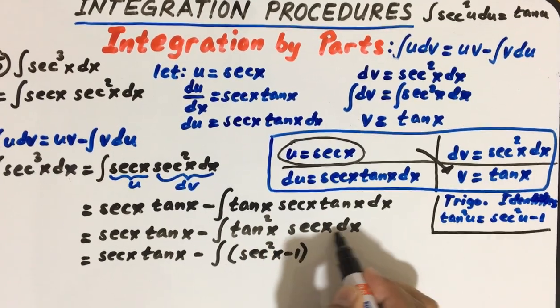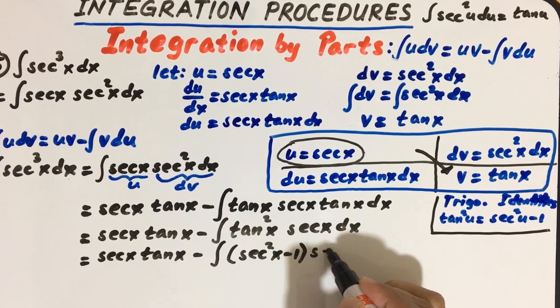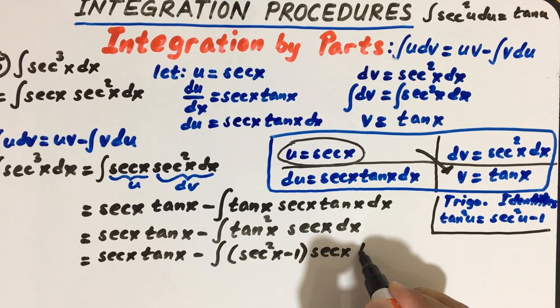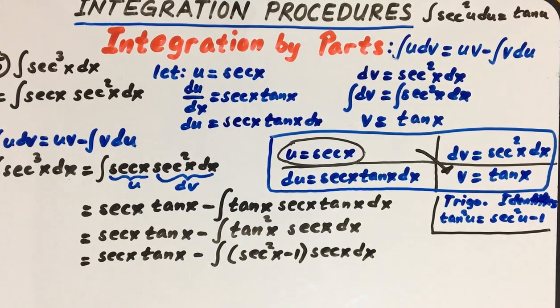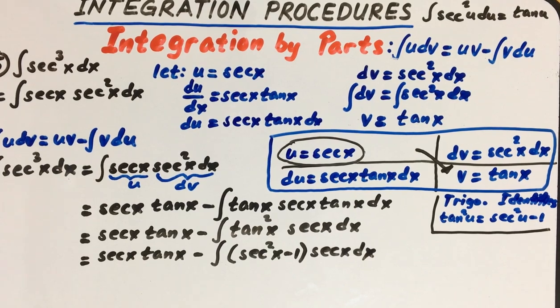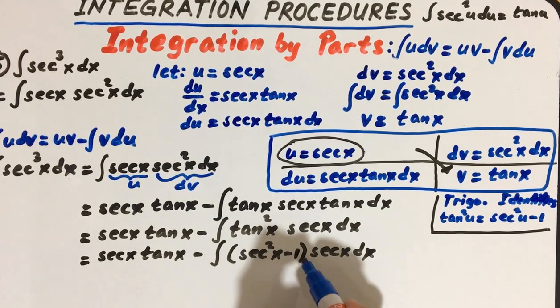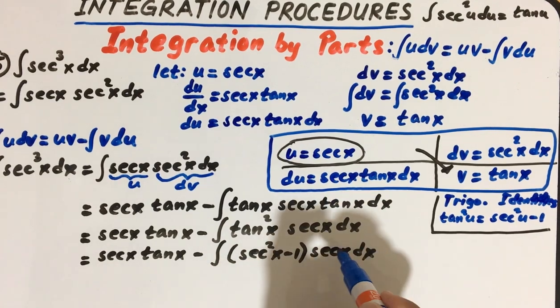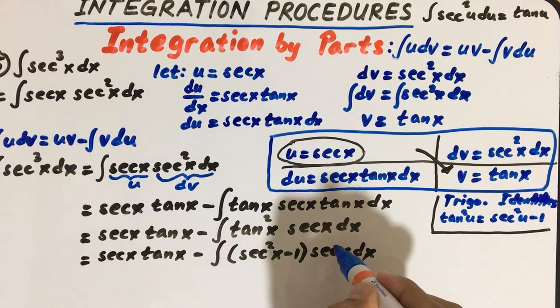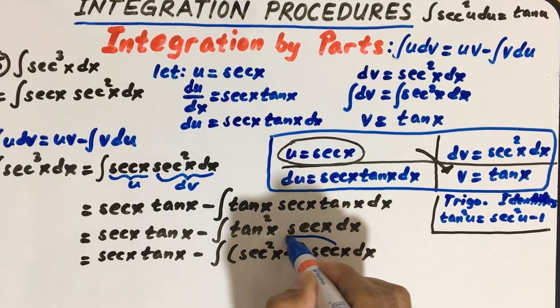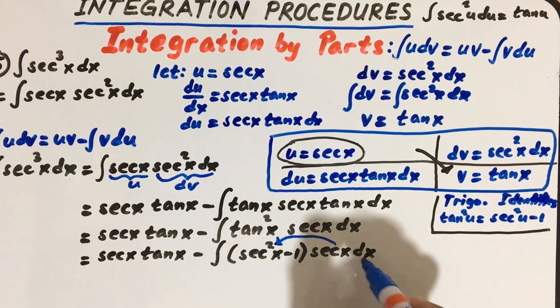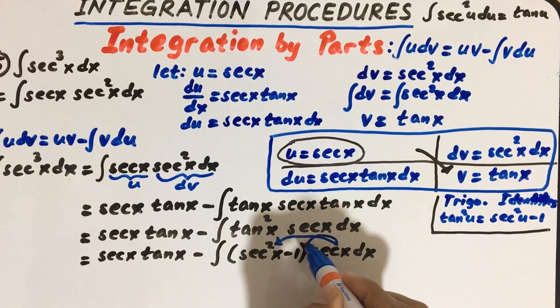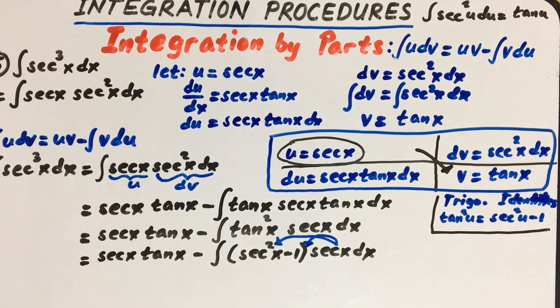Then multiplied by secant x dx. Distributing secant x dx to its terms, you have two terms here, together with the integral sign.